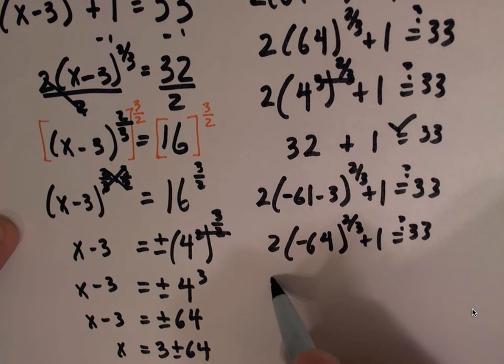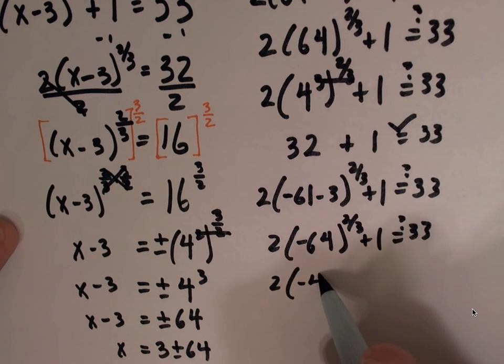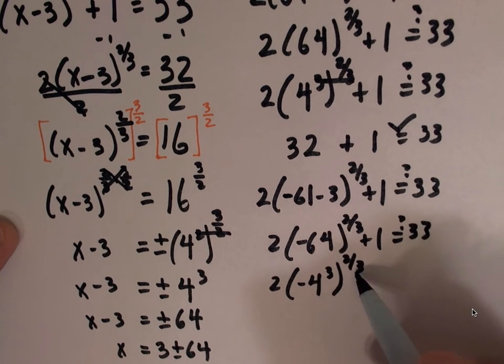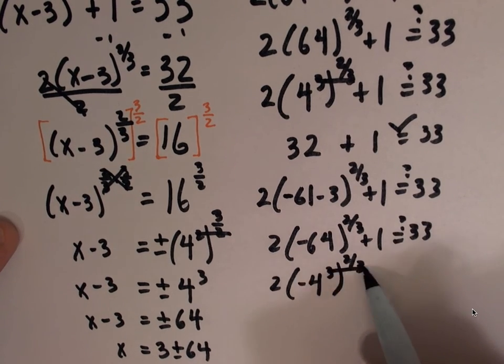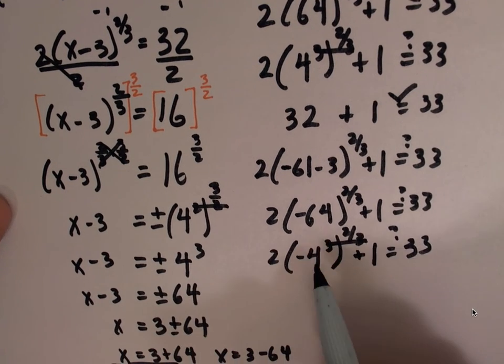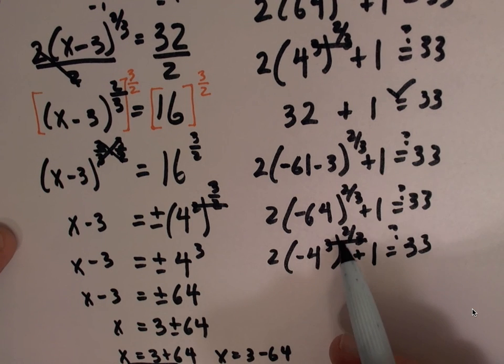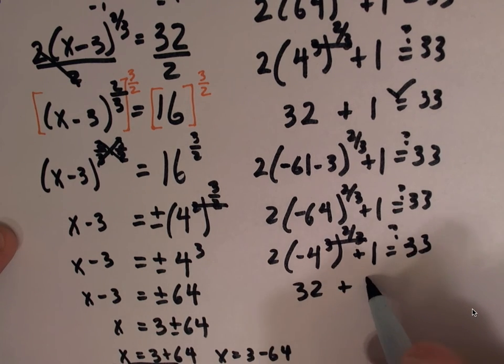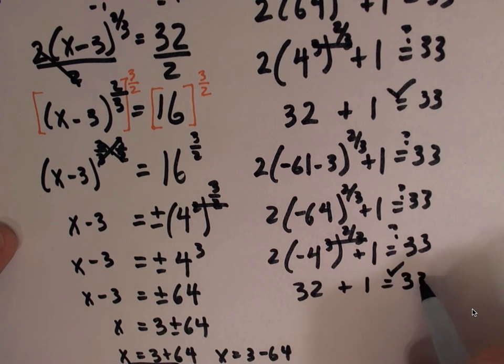Negative 64 is going to be (negative 4) to the 3rd power. And the 3's are going to cross off. So we're going to get negative 4 squared. Negative 4 times negative 4 is 16. 16 times 2 is 32. 32 plus 1 does indeed equal 33.